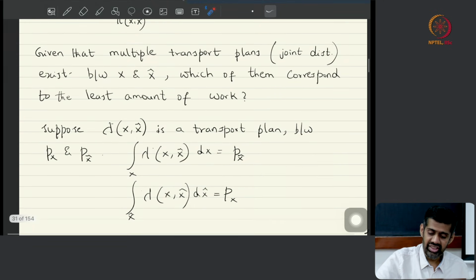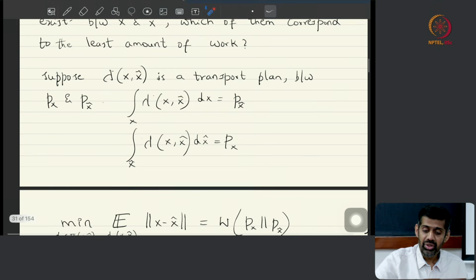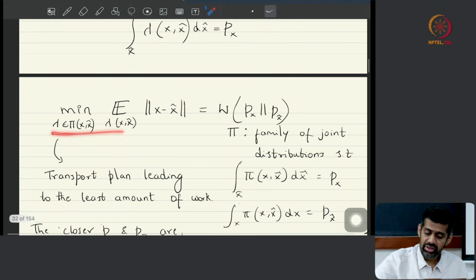Now the next question is, given that multiple transport plans, which are joint distributions, exist between two random variables, which of them corresponds to the least amount of work done? How do you quantify this? Define it as an optimization problem, okay, over the average amount of work done.